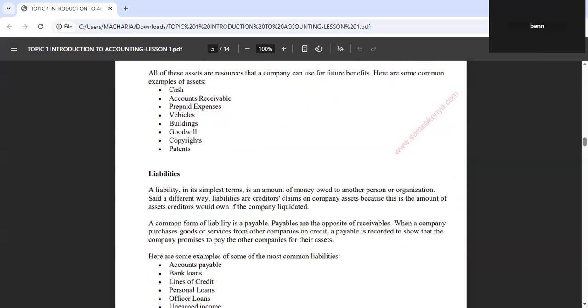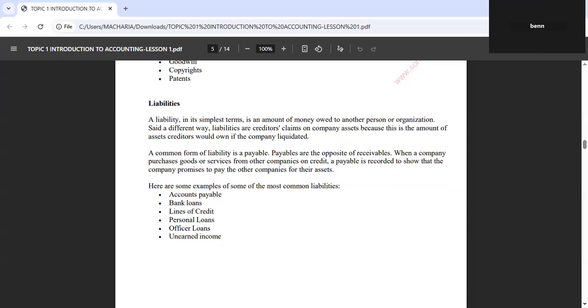Now, what are these liabilities? A liability, in its simplest term, is an amount of money owed to another person or organization. Assets, like the receivables we're talking about, are what people will pay you.